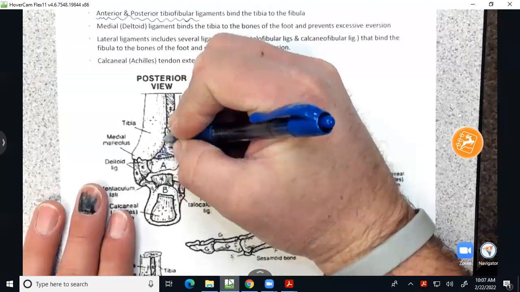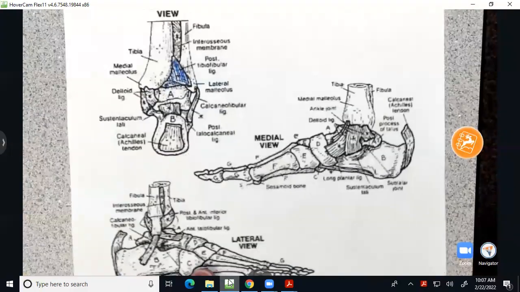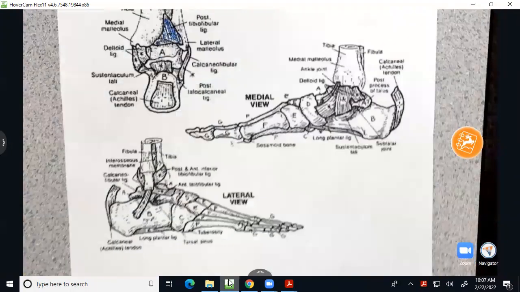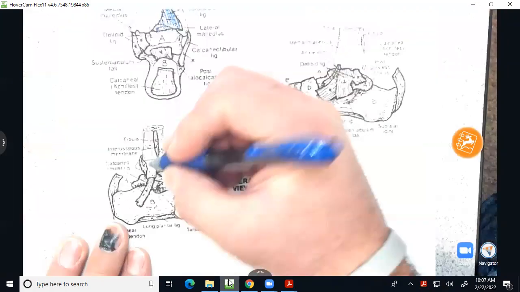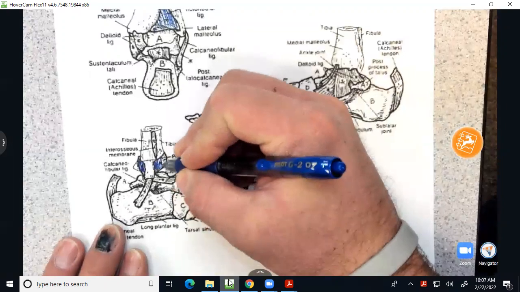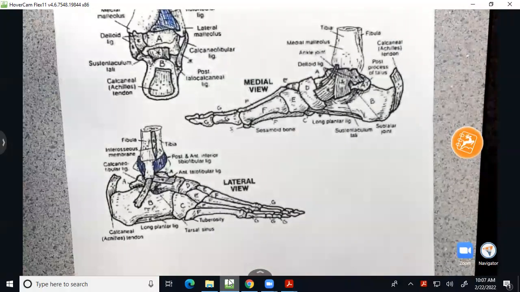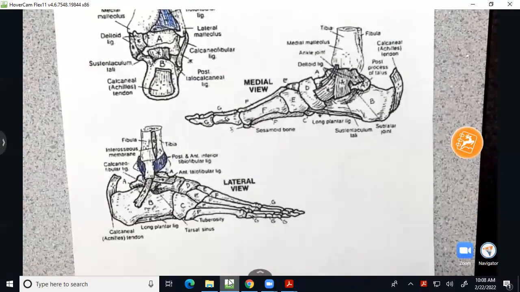In our posterior view, we can see the posterior one. And down here in our lateral view, we can see both the anterior and posterior ligaments. I don't really care about you knowing the difference specifically, although that should be pretty common sense. Just knowing them together is perfectly fine.